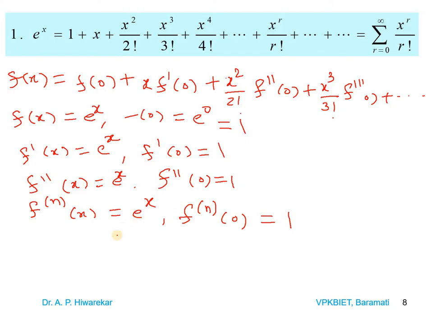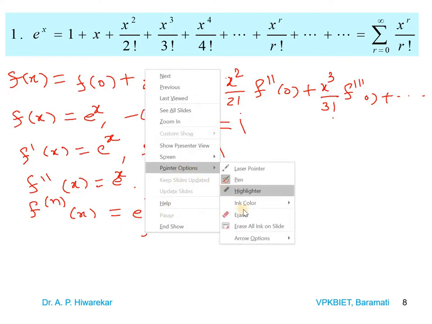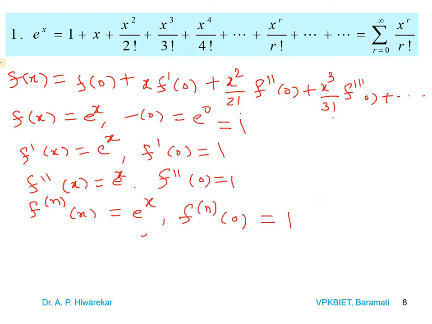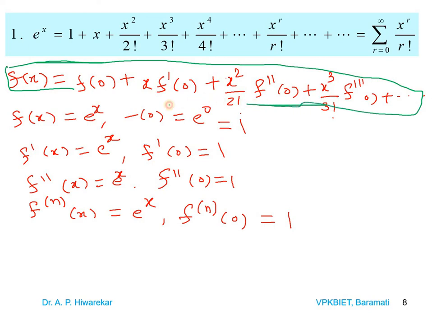Means if you apply Maclaurin's formula, what is it? It is this formula. So if you apply this formula, what do you get?